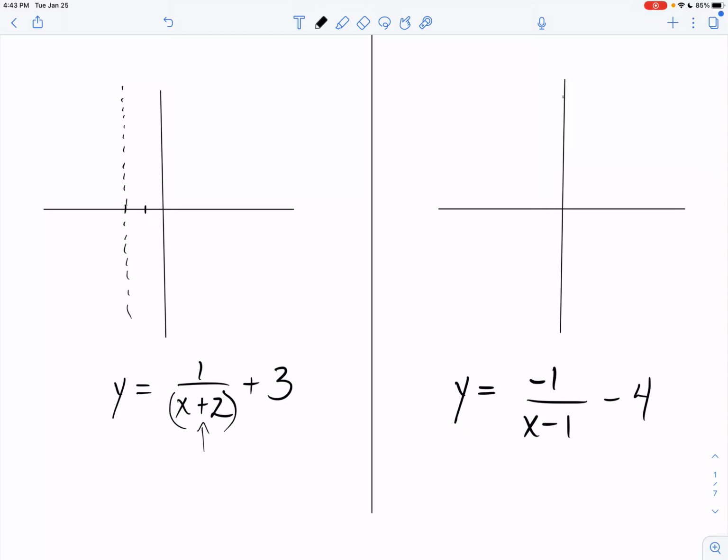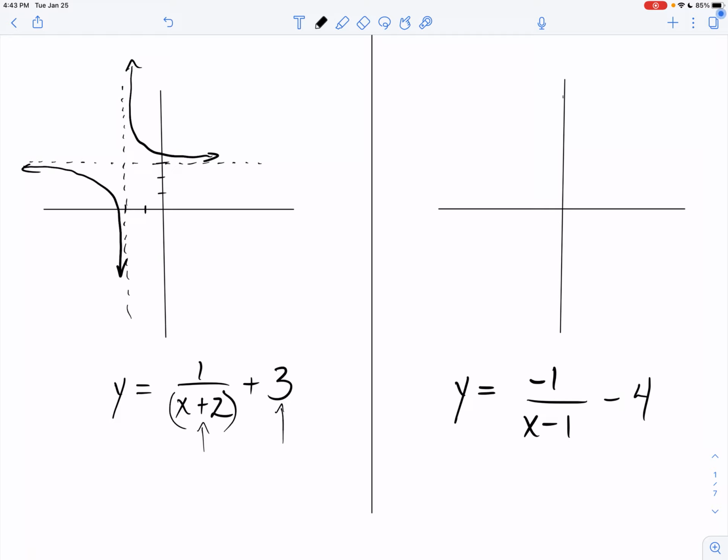And then on the other one, you would have to go 1, 2, 3 vertical units, because up-down motion is still present in this. And I'd have another asymptote, this one cutting across right there. And once again, since it's a rational function, it's going to have a certain look to it. It's going to go like this.